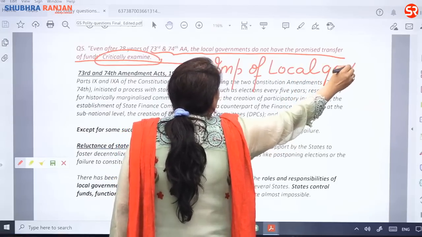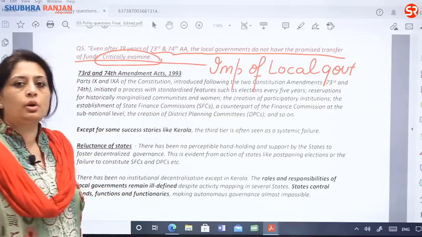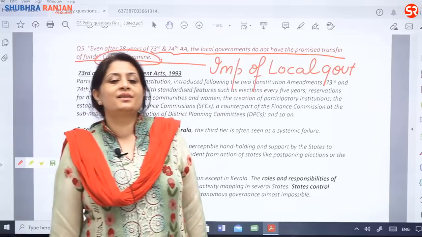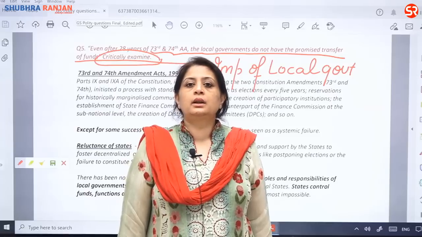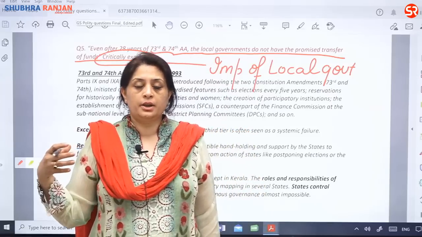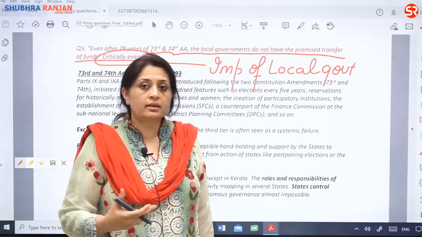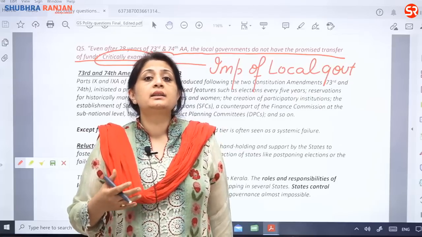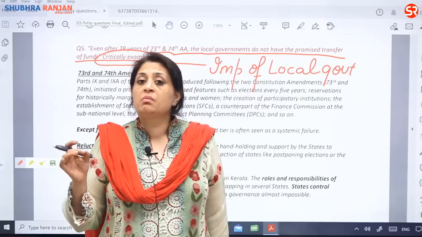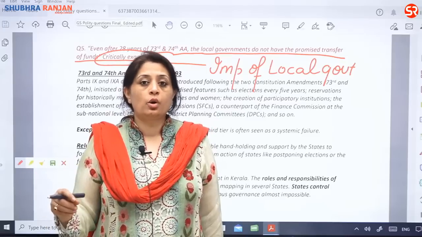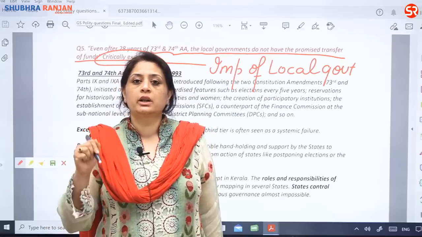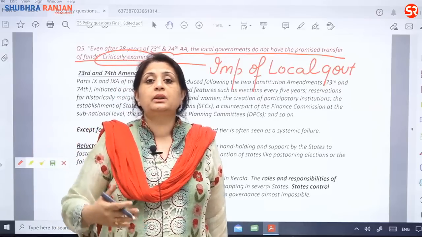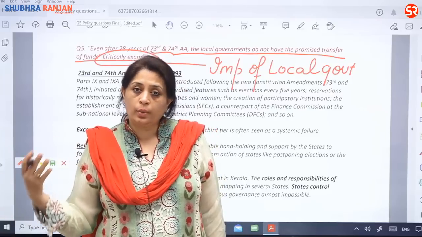So if you go by the principle of good governance, and as mentioned in the second ARC, local government is the third tier, but it does not mean that it is least important. It is most important, because the theory of good governance says the closer the government, the more accountable and transparent it will be.